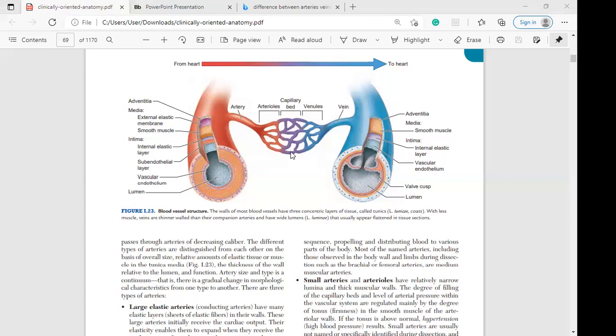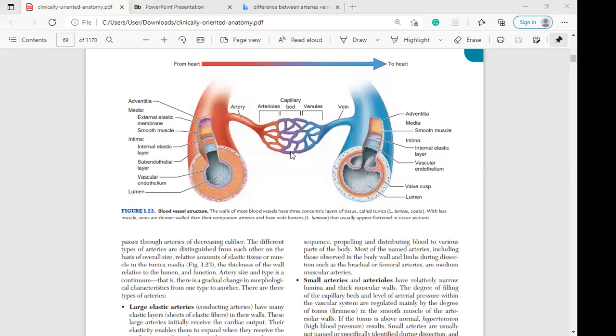These smooth muscles contract, okay? It is the contraction and relaxation of these muscles that pushes blood. So blood is pushed through the vessels because the muscles are contracting and relaxing; the contraction pumps the blood.